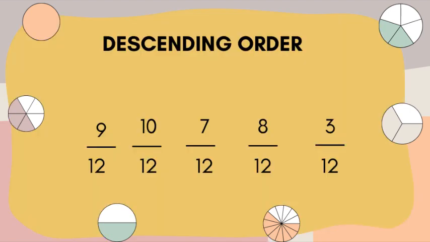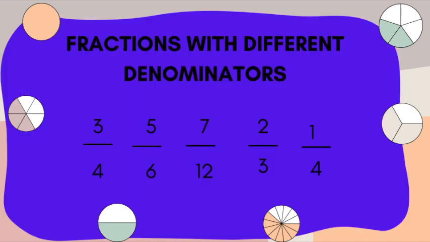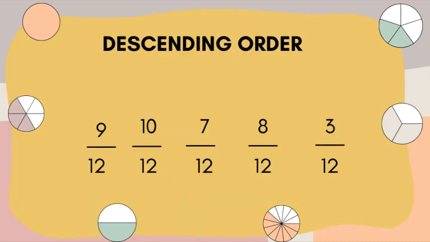So the fraction remains the same, 7 over 12. The fourth example, 2 over 3. 3 into 12 goes 4 times, and we multiply 4 by the numerator at the top, which is 2. 4 times 2 gives us 8. So it will be 8 over 12.